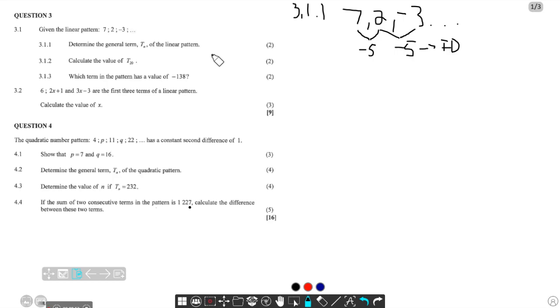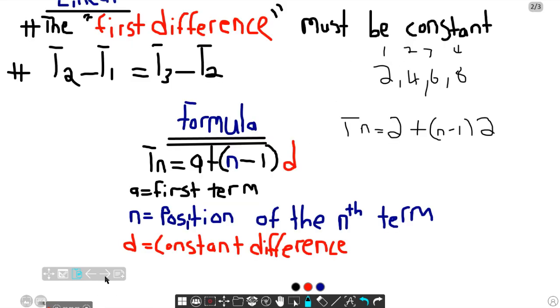So you need to note these words, general term and expression. Usually when they say that, they ask you to find the formula, right? So let us try to find our formula. So you go back. This is our formula: Tn is equal to a plus n minus 1 multiplied by d.